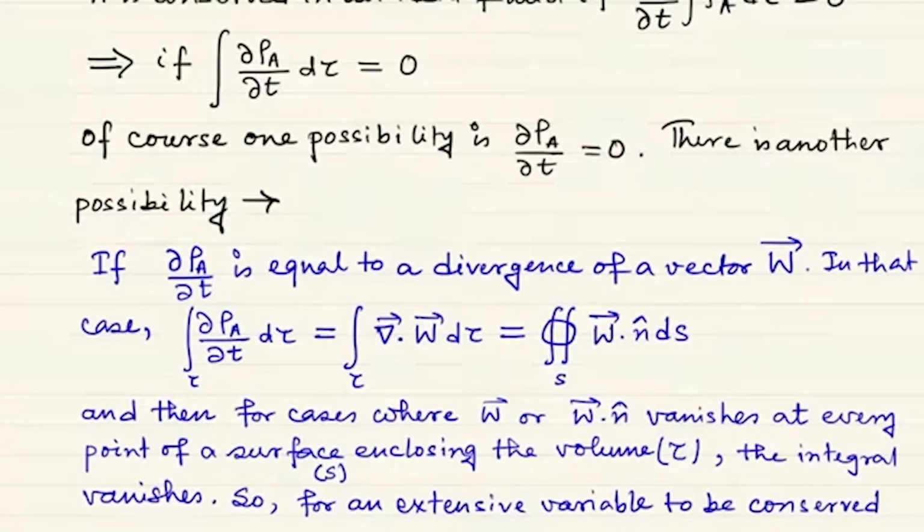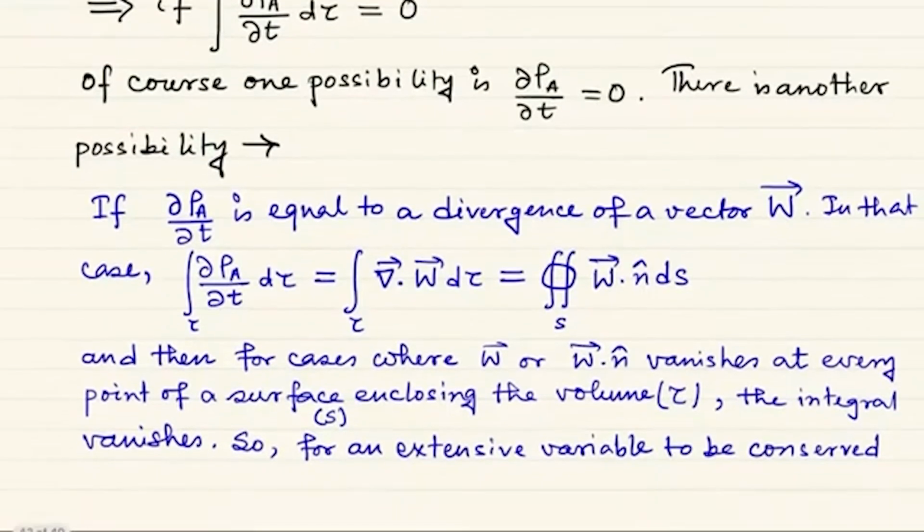So that is another way, and in the most frequent cases, this is the way by which we show the conservations in normal fluids, including ideal fluids. It is true that I said normal fluid, but normal fluid is not yet introduced. We are just talking about ideal fluids now.